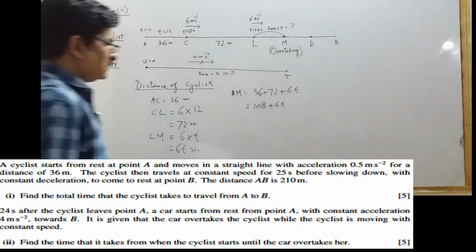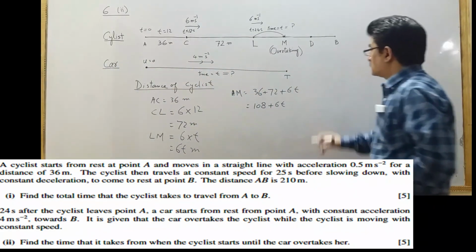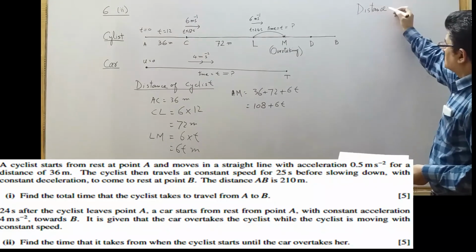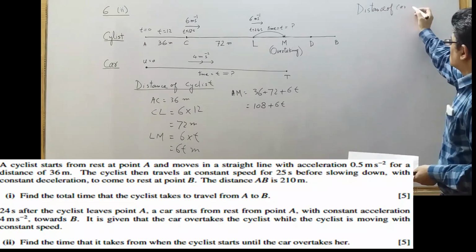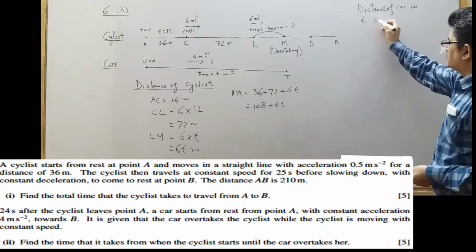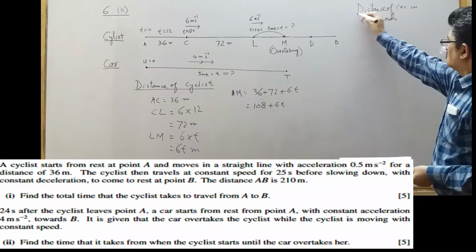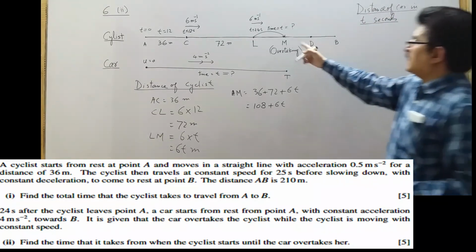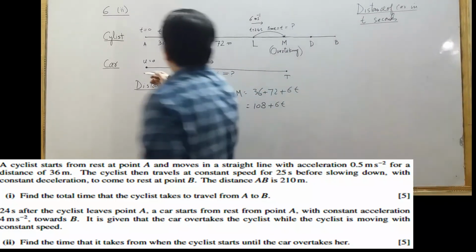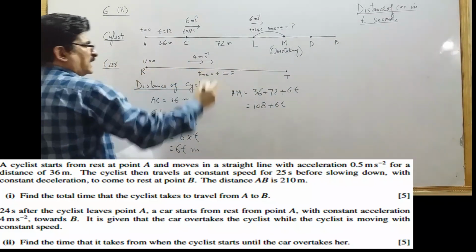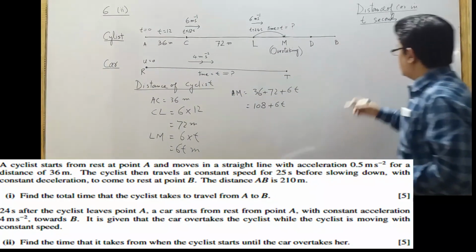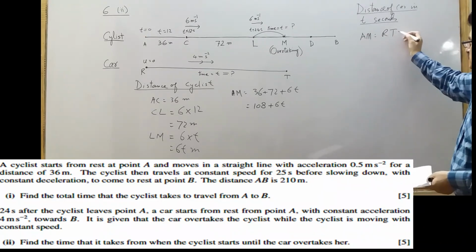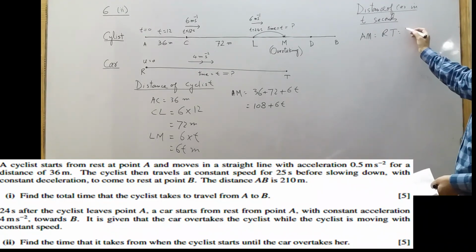Now we find the distance of the car in t seconds. The distance in t seconds, you can name this point R. So RT is equal to AM. We are going to find AM, which is also equal to RT in the diagram, and this is equal to question mark.